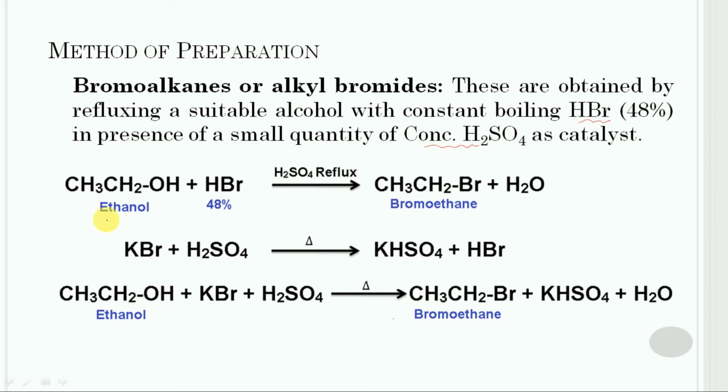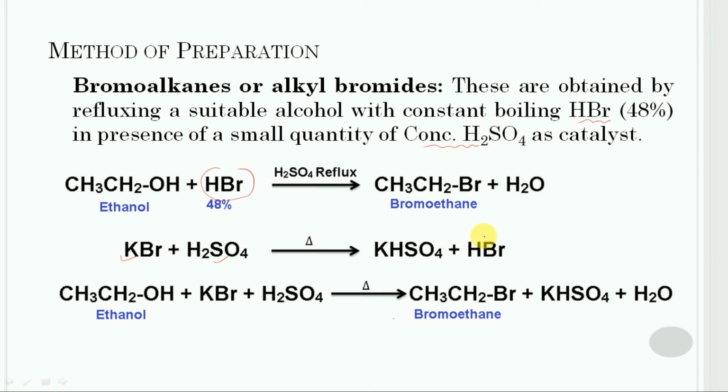The ethanol is treated with hydrobromic acid, and in this case bromoethane will get formed. The hydrobromic acid used in this case can be generated in situ by the action of concentrated hydrochloric acid on potassium bromide.